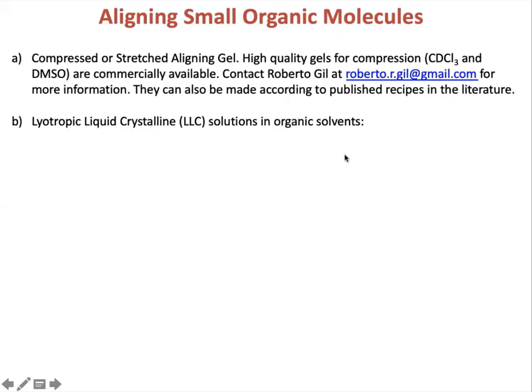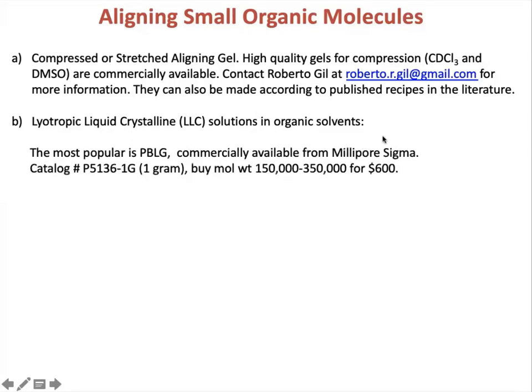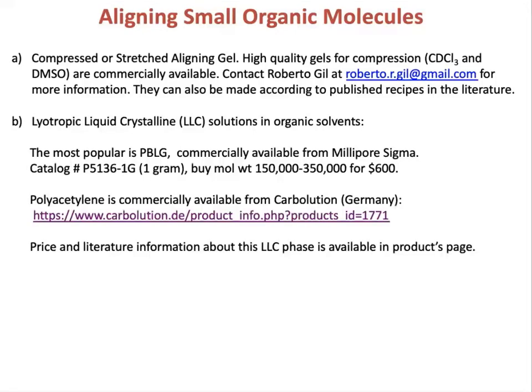On the other side, we have the lyotropic liquid crystalline solutions in organic solvents, and the most popular, because it's commercially available, is PBLG. You can get it from Millipore Sigma for $600 a gram, and you can probably make 10 samples with this. You can also get polyacetylenes that are commercially available from the company Carbolution.